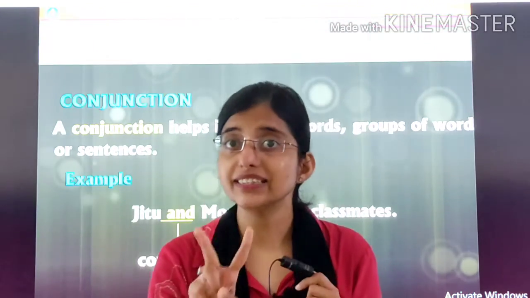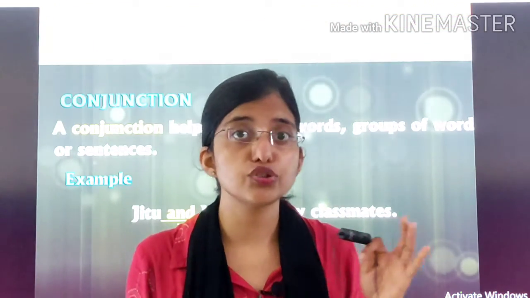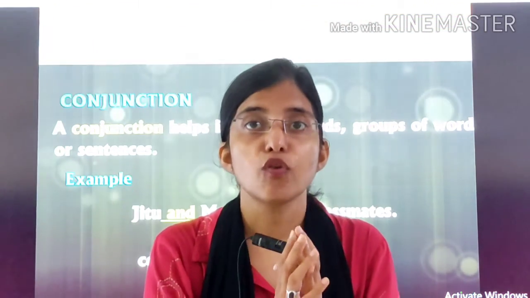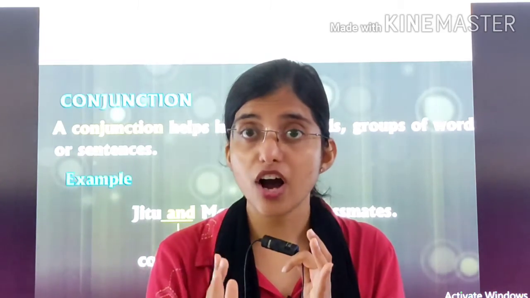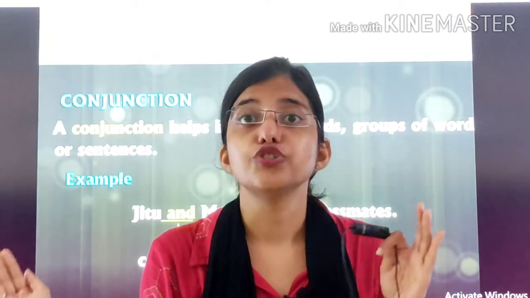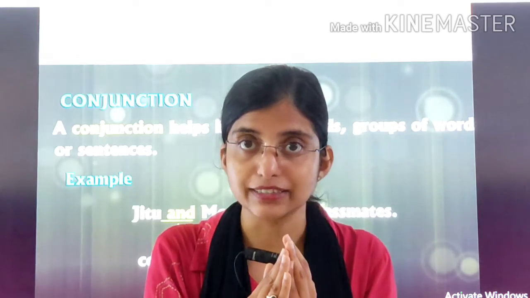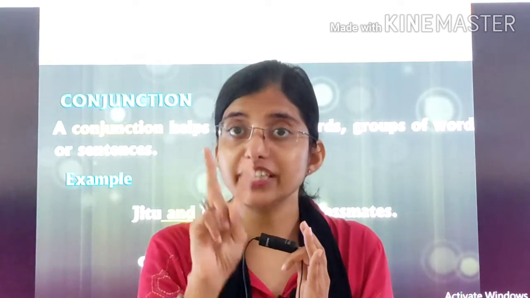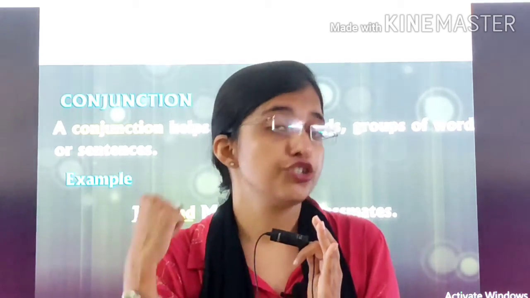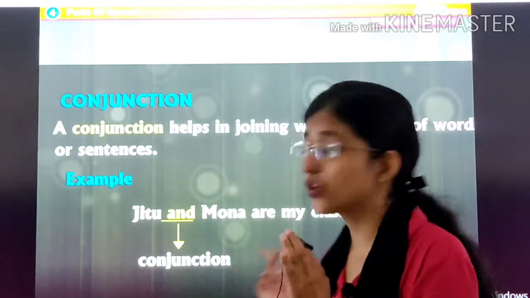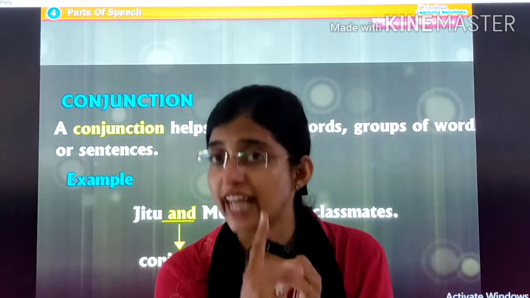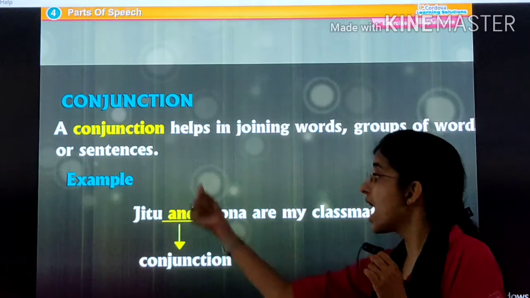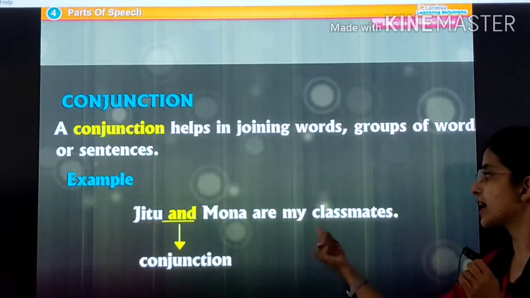These are two sentences. Now, if I want to join these two sentences, what will I do? I will use a conjunction because a conjunction joins sentences. So, instead of these two sentences, Jeetu is my classmate, Mona is my classmate, I am using a single sentence here, that is Jeetu and Mona are my classmates.